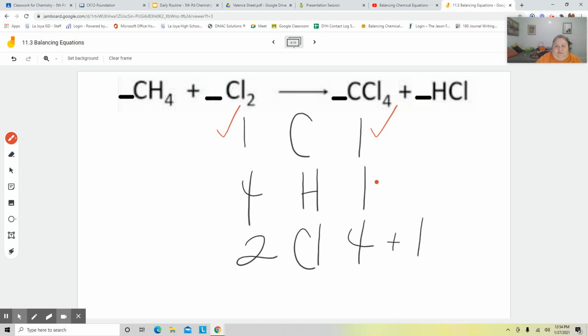Very good. Irvin is saying 1 times 4, miss, so that hydrogens can balance. Where's hydrogen though, Irvin? First compound or second compound? Second compound. Okay, so I'm going to put the 4 in there.